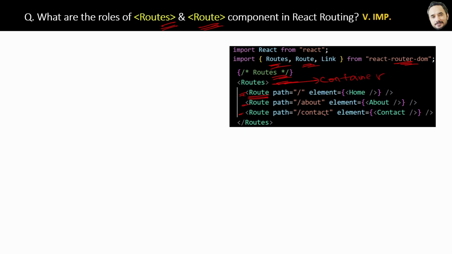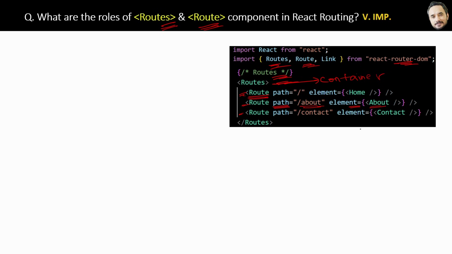Then the main player is the Route component. Listen carefully here. The Route component is used to define a route, or you can say a path, and specify the component or the element which should render when the route matches the path. Let me explain.